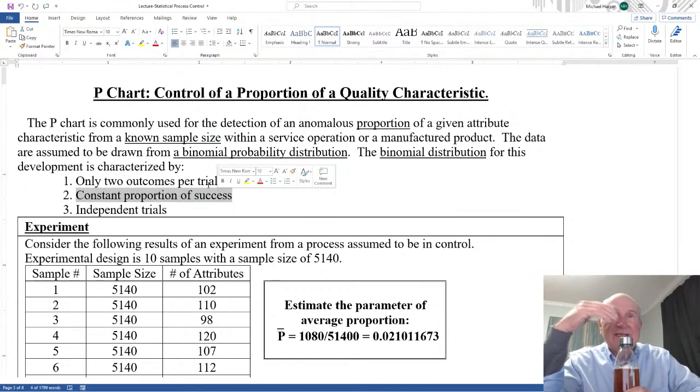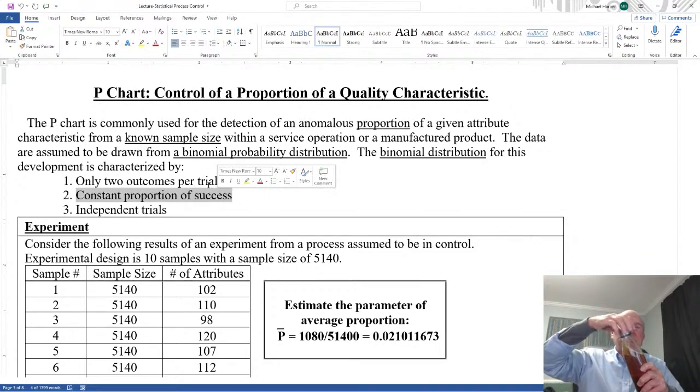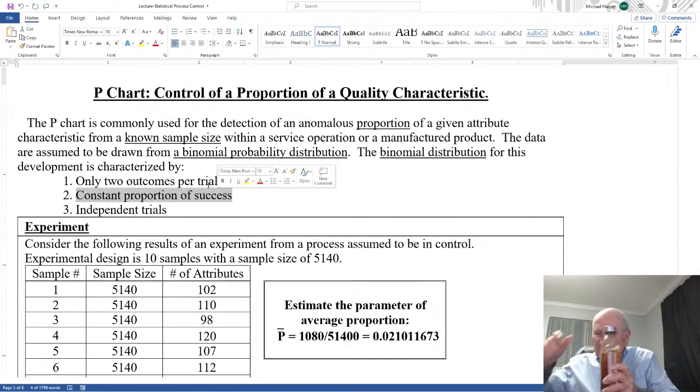That's binomial. Yes, it leaks. No, it doesn't leak, it's good. Good, bad, good, bad. The machine comes down and puts it on, boom, and then you measure it.